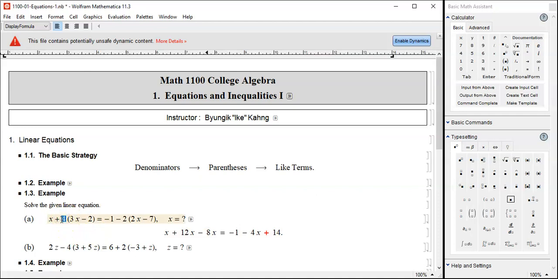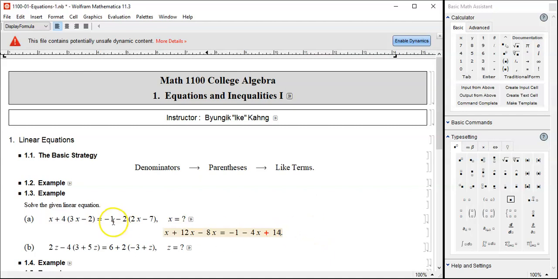Distributing this 4 was okay. 4 times 3, 4 times 2. But distributing this 2 was no good because we have to distribute -2. So -2 times 2x, so we have -4x, that looks good. -2 times -7 is +14.